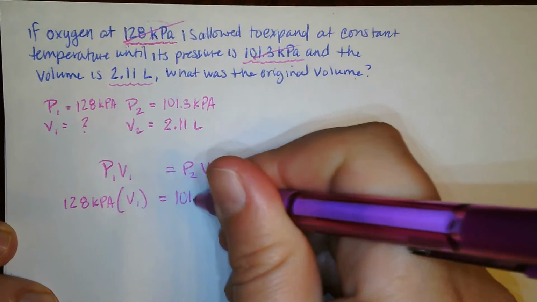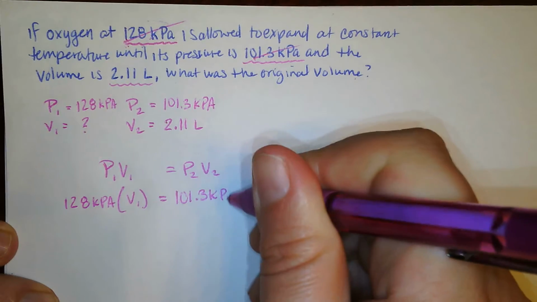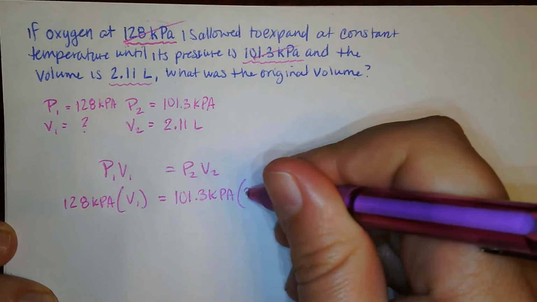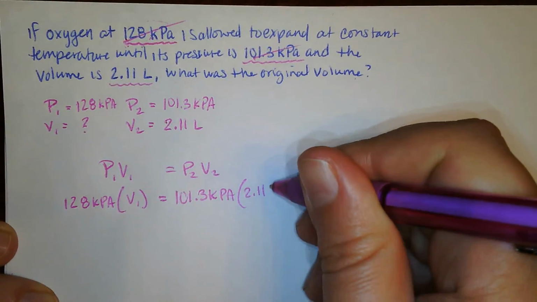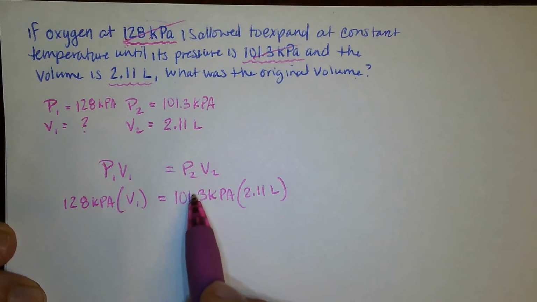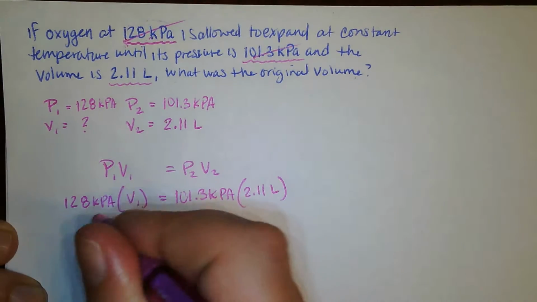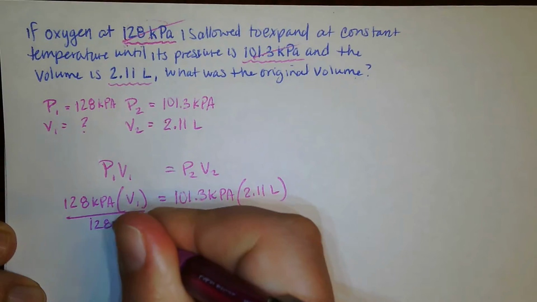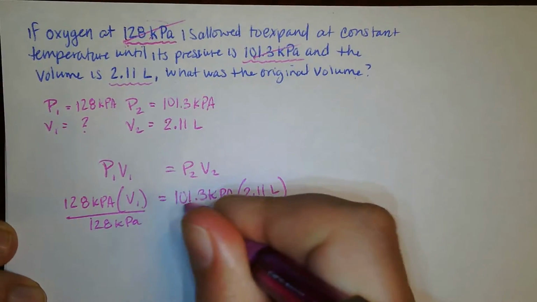P2 is 101.3 kilopascal, and the volume 2 is 2.11 liters. Okay, so all we have to do to solve for V would be to divide by 128 kilopascal on both sides.